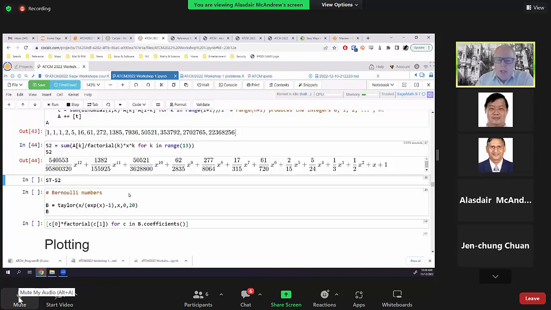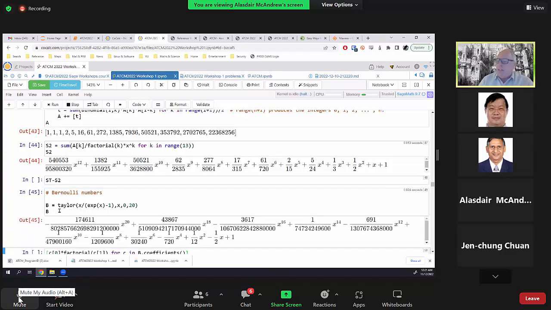Moving right along, you might know about the Bernoulli numbers. They're a very, very important and famous set of numbers. They come up all over the place. The generating function for them is x divided by e to the x minus 1.